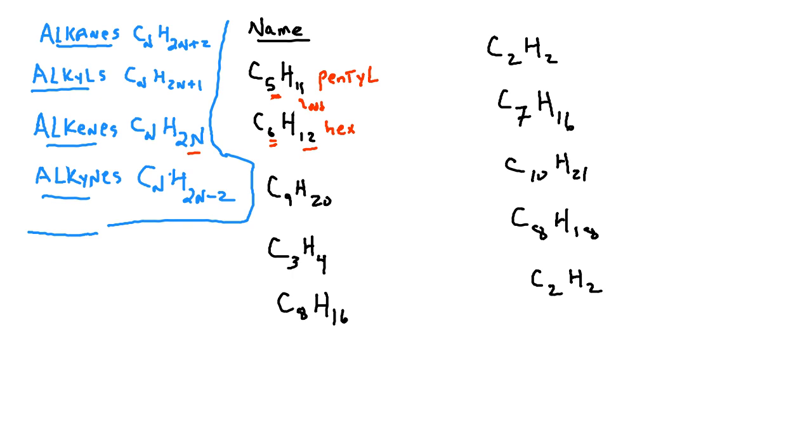Here we have 9, so the prefix is non. 2 times 9 is 18, plus 2 is 20, so that's nonane. 3 carbons, remember me peanut butter, the first 4: methyl, ethyl, prop, butyl. So 3 carbons is prop. 2 times 3 is 6, minus 2 follows the alkynes, so this is propyne.